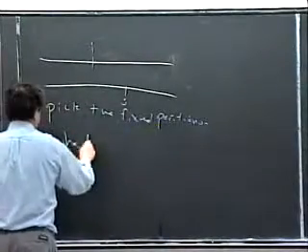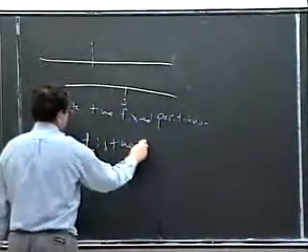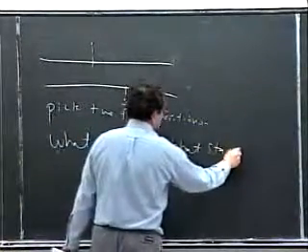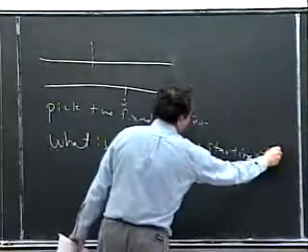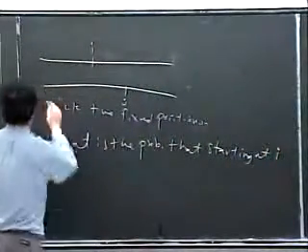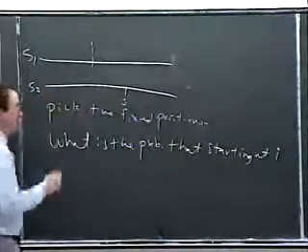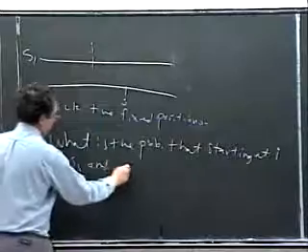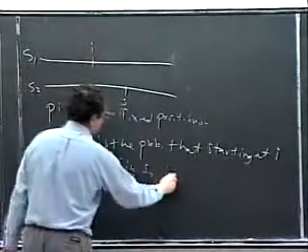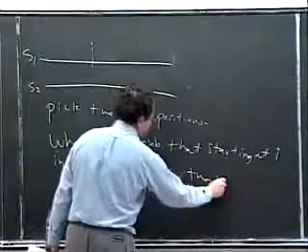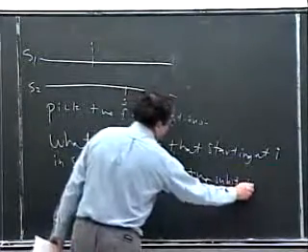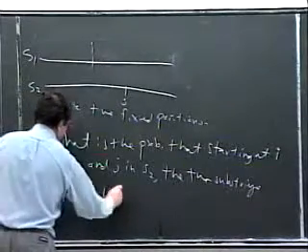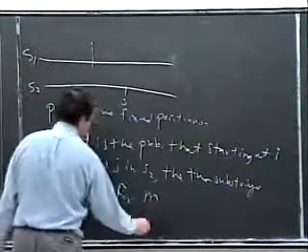What is the probability that starting at i in the first sequence and starting at j in the second sequence, the two substrings match for m characters?